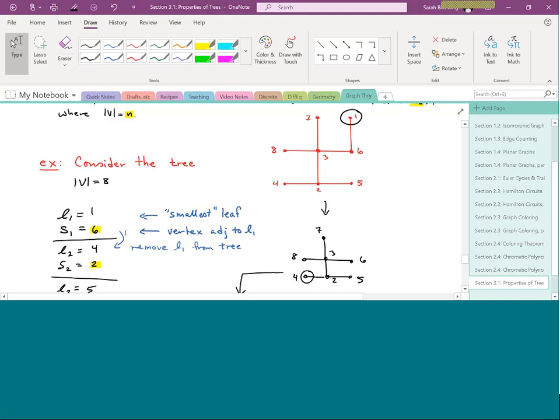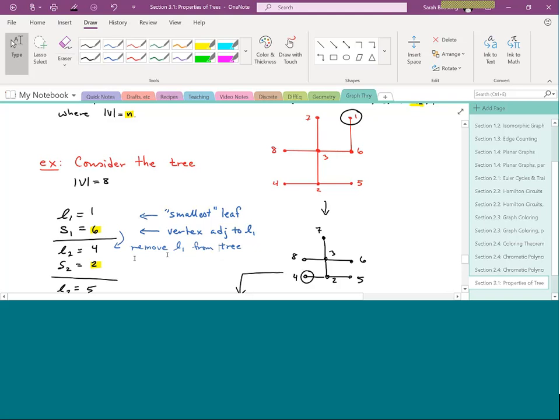And remember, all of your leaves are degree 1, so there is no option here in terms of who you are going to put for this S1, this first sequence term. This vertex 1 is only adjacent to 1 vertex, so you're forced. There's only 1 possibility here for this 6.